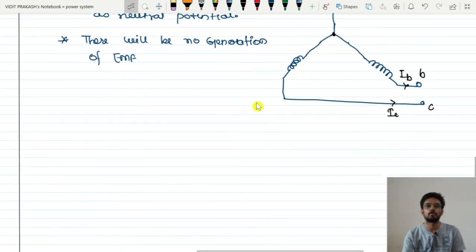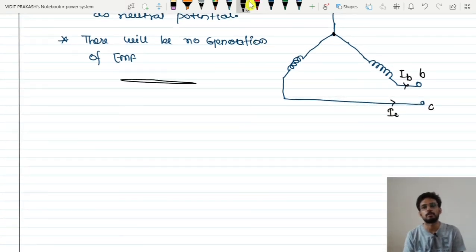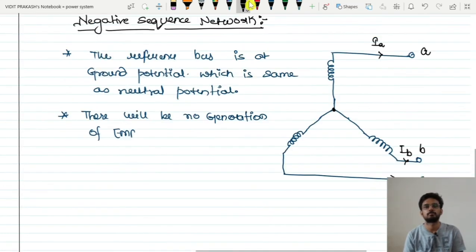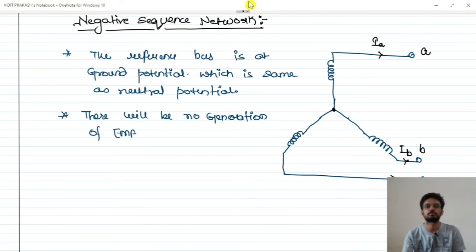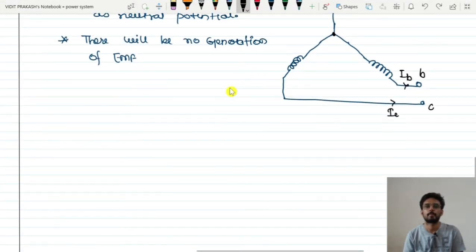So how to draw this network? This is the reference bus.